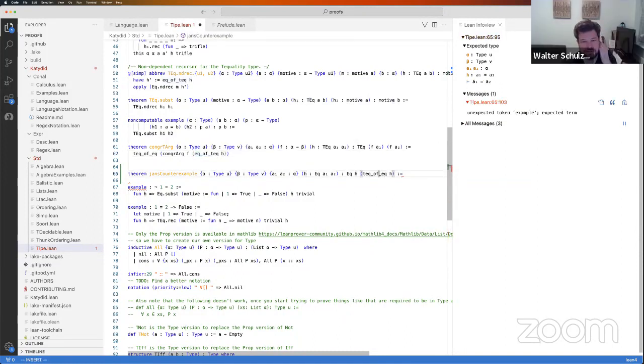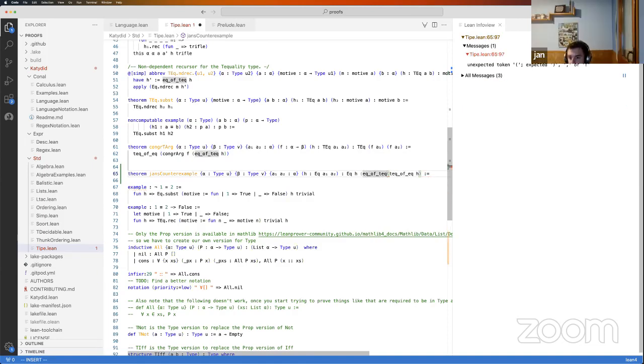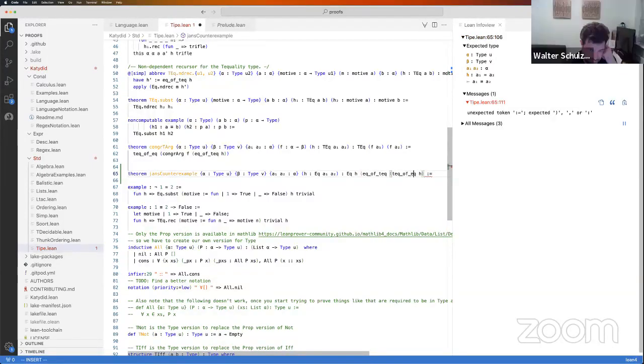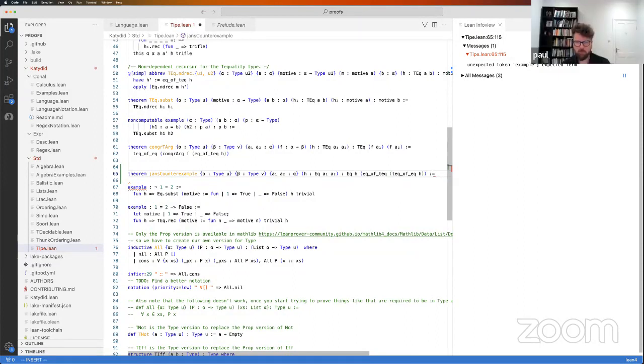Yeah, you can't do that, because you can't prove that a prop is equal to another prop. But maybe you could do the reverse.